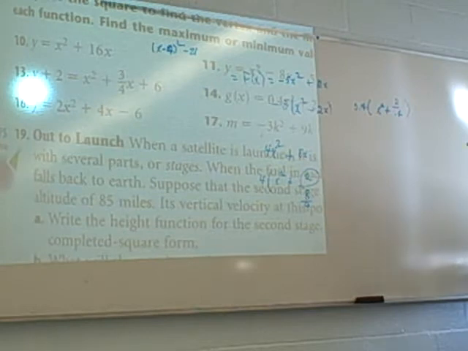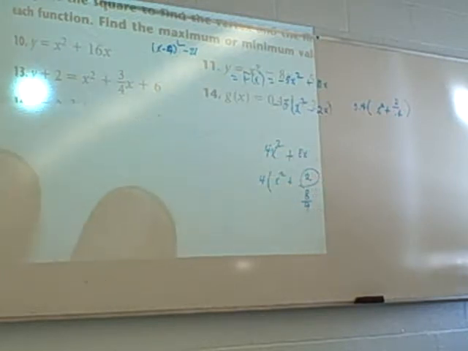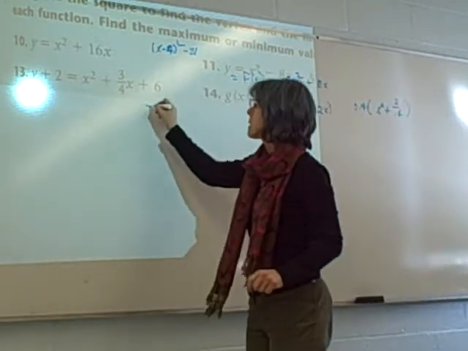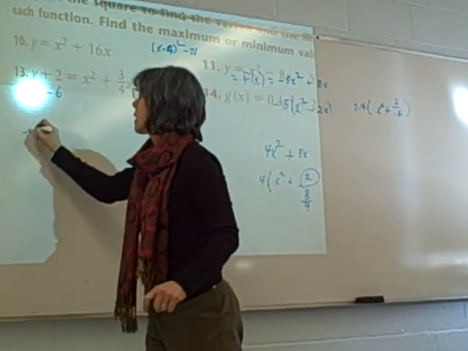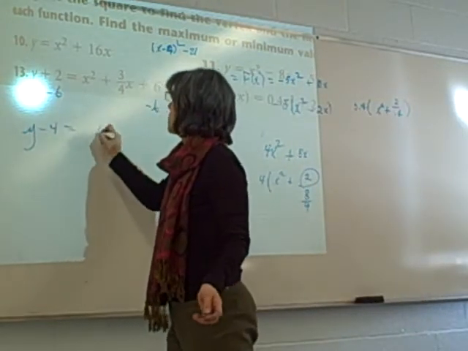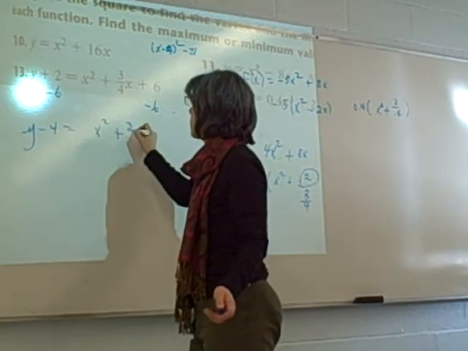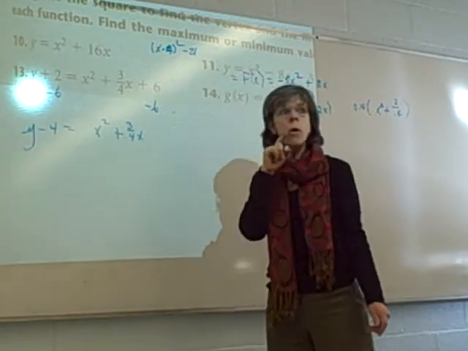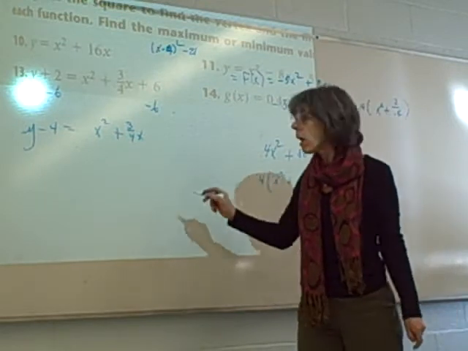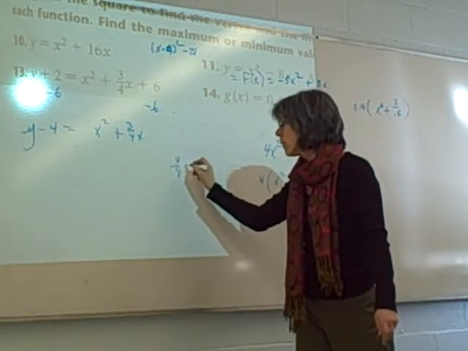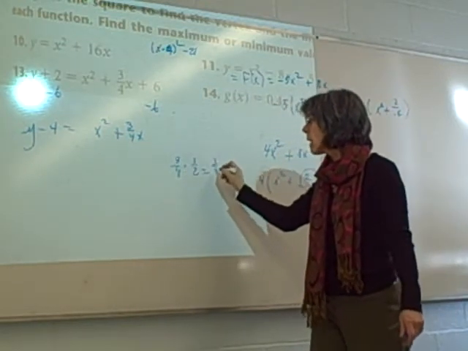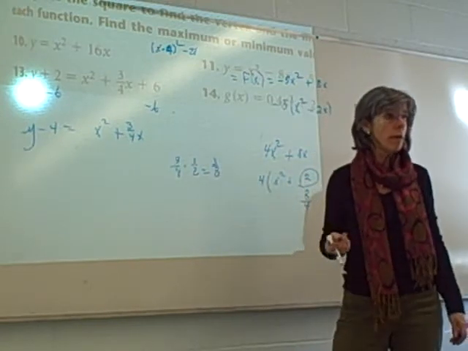Okay, and a fraction. So how would we do number 13? Subtract 6. I'm going to subtract 6. So I have y minus 4 is equal to x squared plus 3/4 x. Well, what is 1/2 of 3/4? It is 3/8, right?